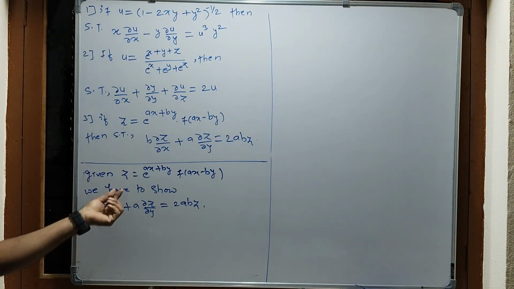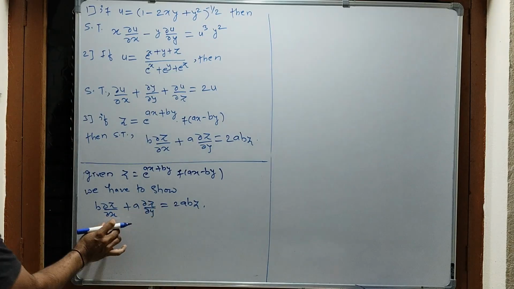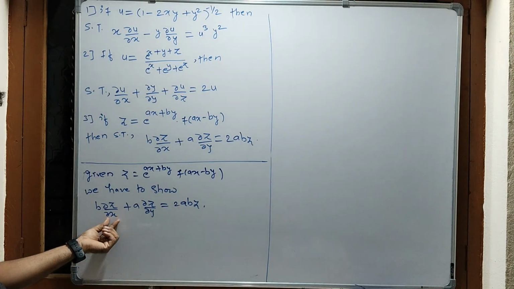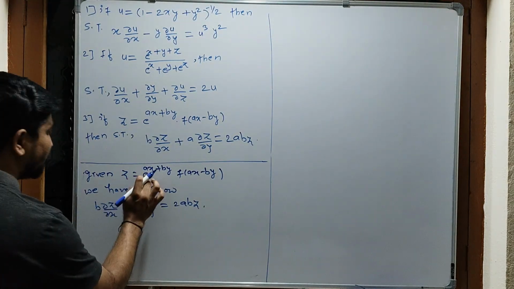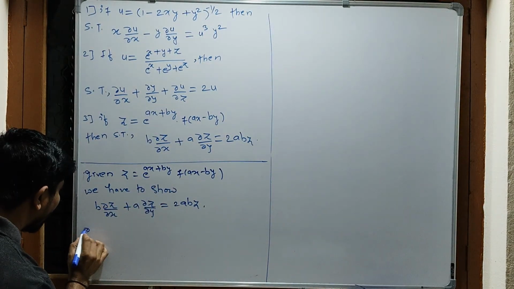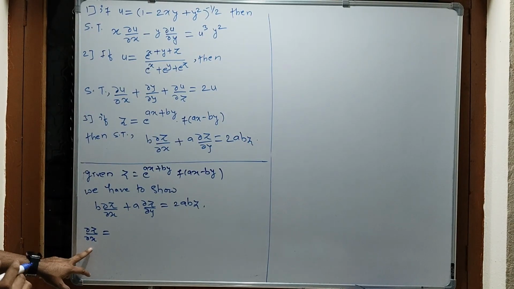Now here, first I will solve the LHS. For LHS I have to find the partial derivative of z with respect to x and z with respect to y. So the partial derivative of z with respect to x, keeping y as a constant.